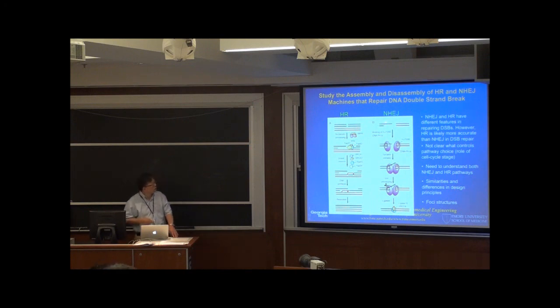One is called NHEJ, which is non-homologous end joining. The other is homologous recombination. Each pathway or molecular machine consists of different proteins that assemble at the break site. The cells have this amazing ability to repair DNA double-strand breaks very quickly and very precisely.